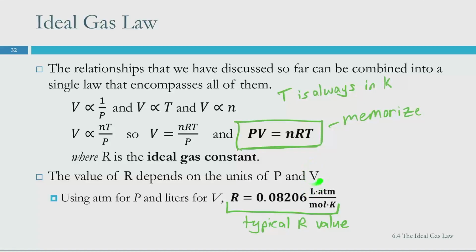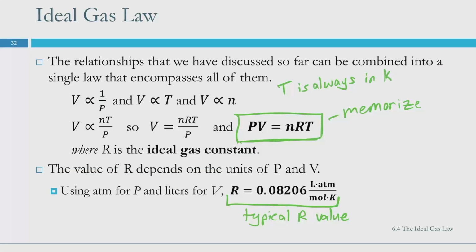So we've got liters, that means our volume is going to be in liters. It's got atmospheres, that means our pressure is going to be in atmospheres. Moles is always going to be moles, K, Kelvin is always going to be Kelvin. But you could possibly find a version that was liters and bar, or liters and PSI, whatever crazy units you want to come up with. There's probably an R version for that. You can find it, I'm sure, on the Wikipedia page for the ideal gas constant.